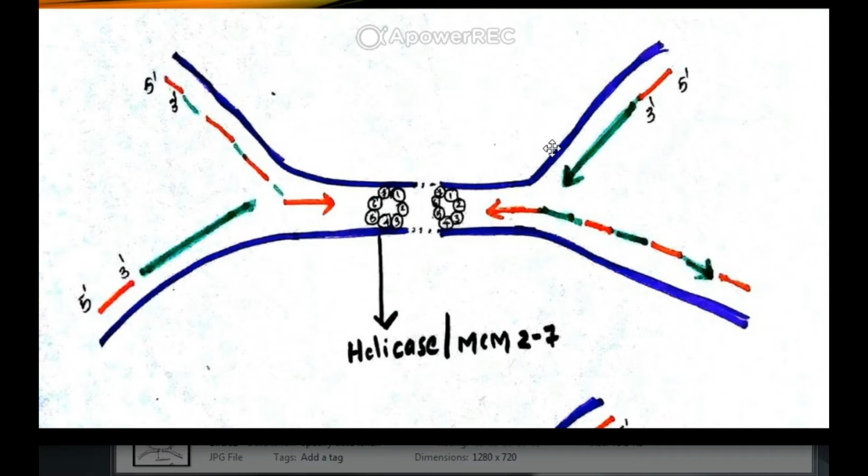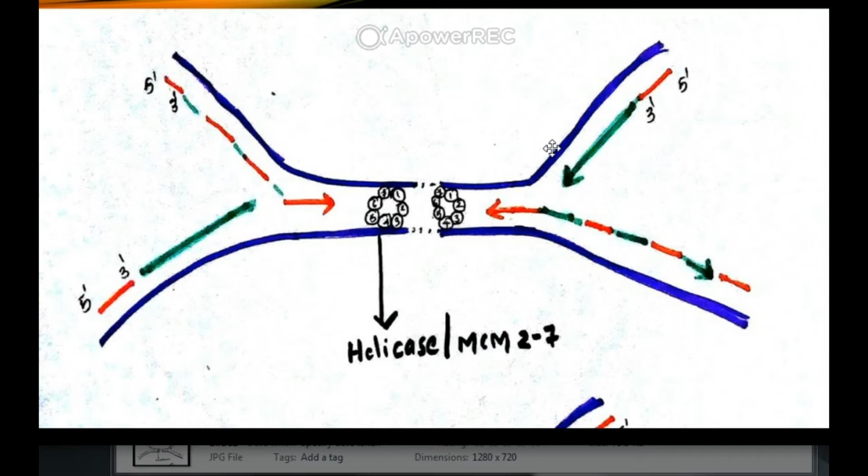Other proteins are associated with this helicase, and there are lots of ORC sites present in eukaryotes, but in prokaryotes only one ORC site is present.